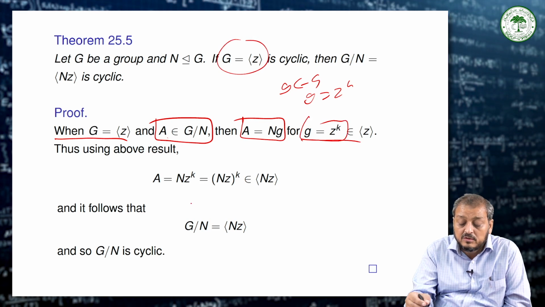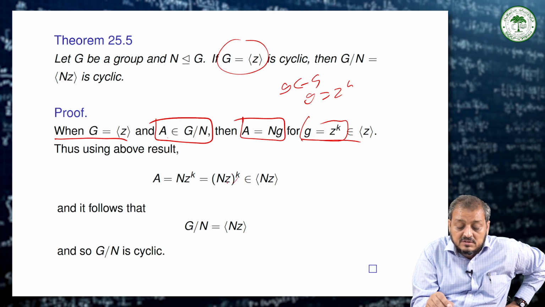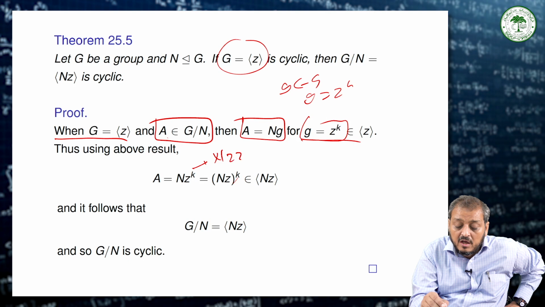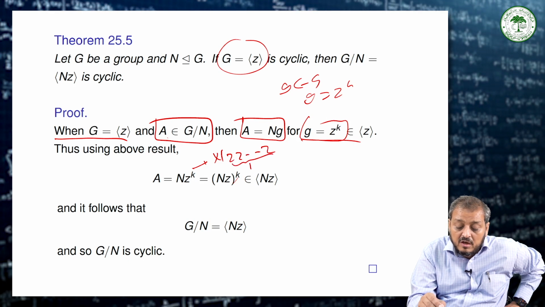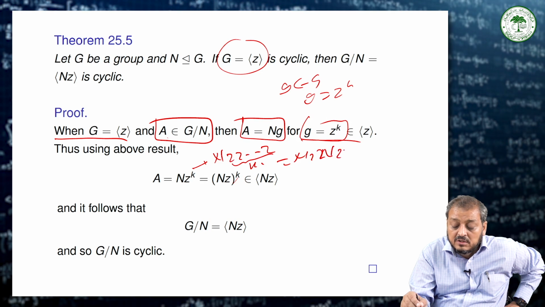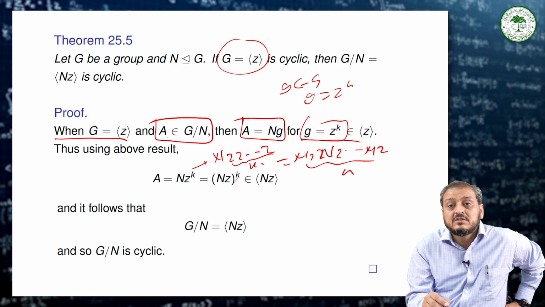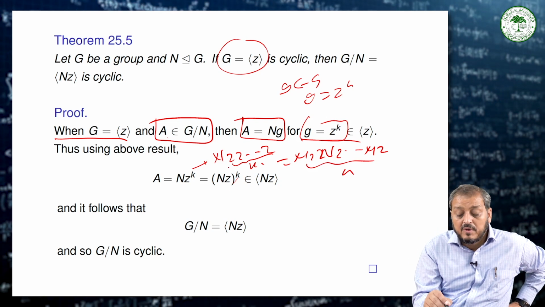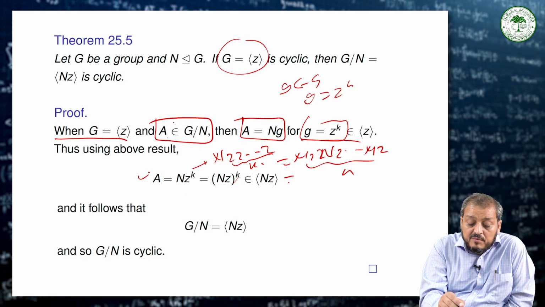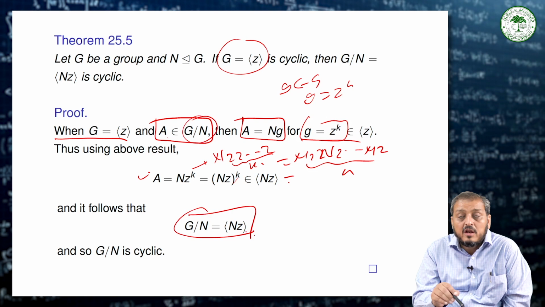And now, again by the previous result, we can show that this can be written as (NZ) to the power K, using NZ, K times, and then again NZ up to NZ, K times. So we can say that it is the same as (NZ) to the power K. Now if A is an element of G/N, then we show that G/N is generated by NZ.